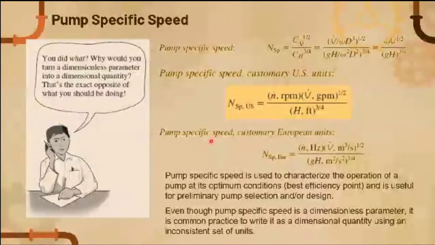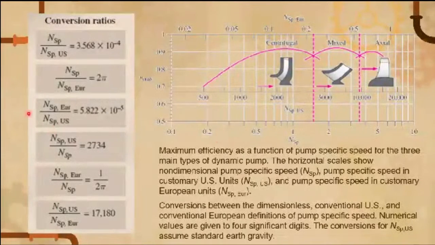So pump specific speed is mainly for pump selection. We will look at examples. This is just some conversion to find out.